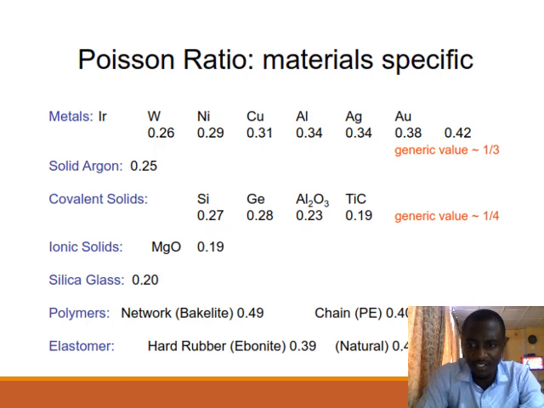What all of this is trying to indicate is a relationship between the elongation along both axes of the material and how much elongation you can have. These are typical values for Poisson ratio. You see that the Poisson ratio of a material usually will not exceed 0.50.